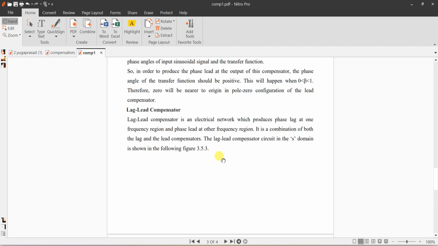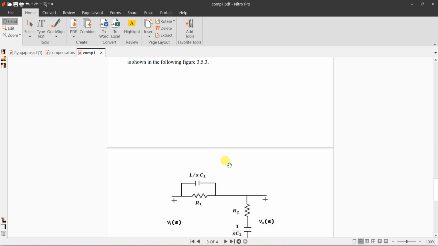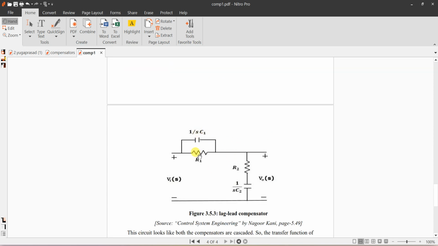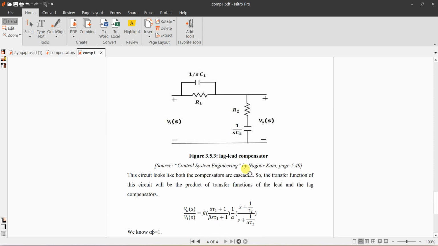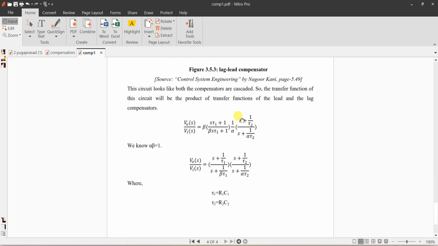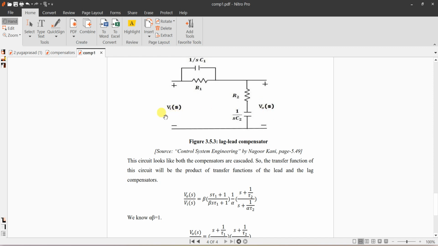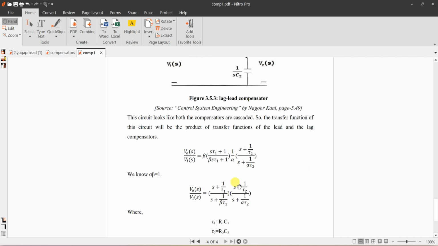Now, a lag lead compensator is an electrical network which produces phase lag at one frequency region and phase lead at another frequency region. It is a combination of both lag and lead compensators. The lag lead compensator circuit in the S domain is as shown in the figure. C1 is connected in parallel with R1, C2 is connected in series with R2, and the transfer function V naught of S by Vi of S is given by this.